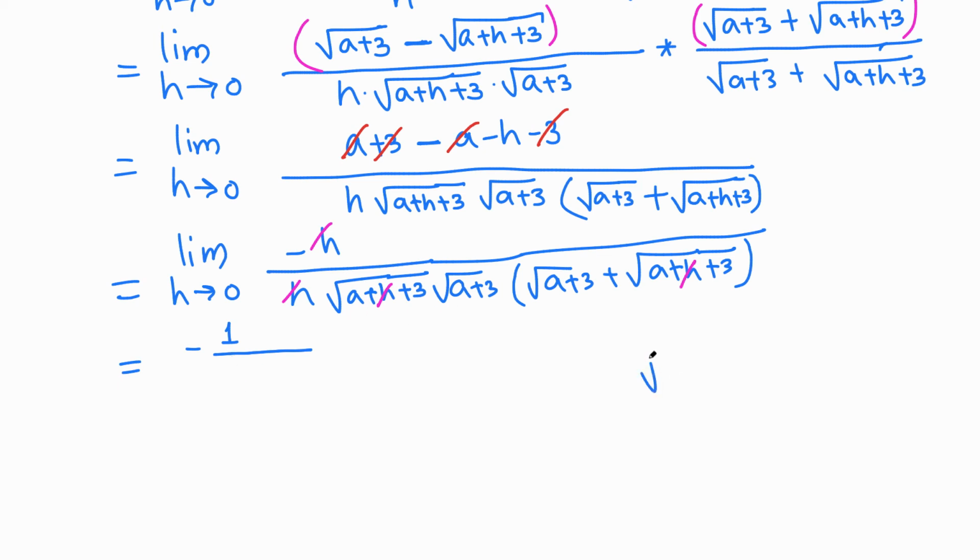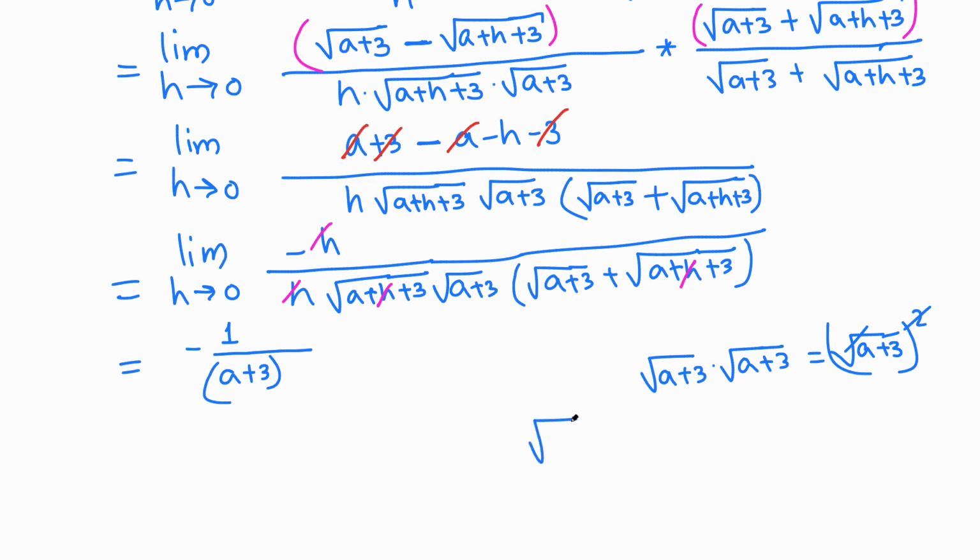This is now the square root of a plus 3 after h being 0, and the square root of a plus 3. Same thing, when we multiply, we get the square root of a plus 3 quantity squared. That means simply a plus 3. So a plus 3. And inside, when we multiply, we get quantity squared. Inside, we have the square root of a plus 3 plus the square root of a plus 3.